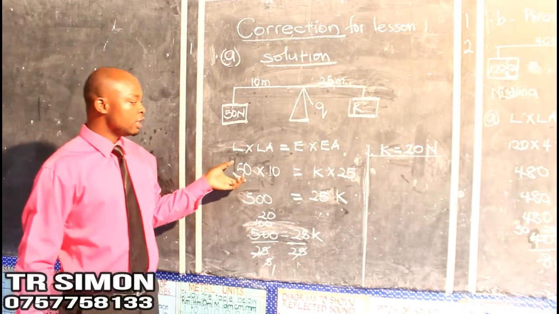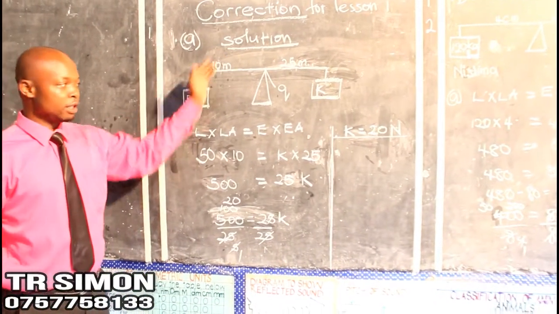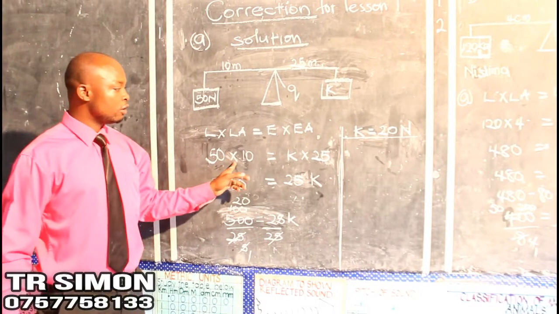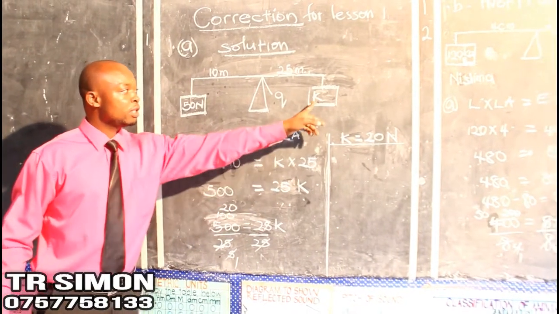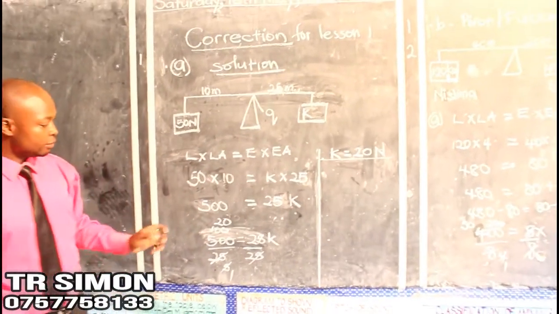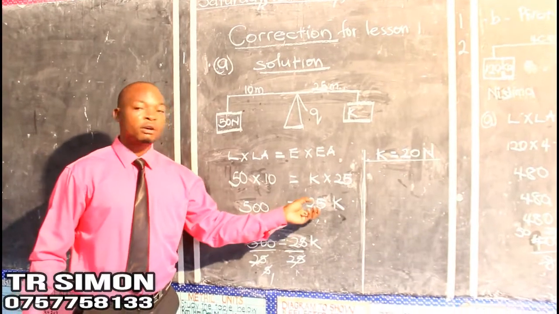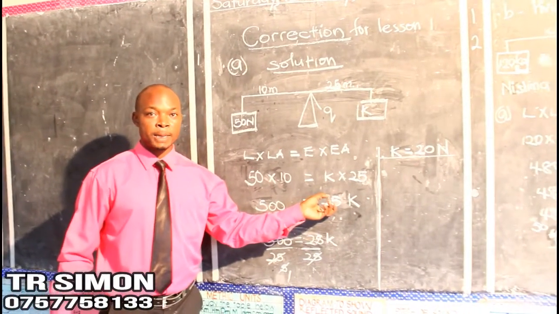So when you follow this, you find that 50 times 10, this is the clockwise moment, is going to be equal to K times the arm, which is the anti-clockwise moment. You will get 500 here, which is equal to 25K.